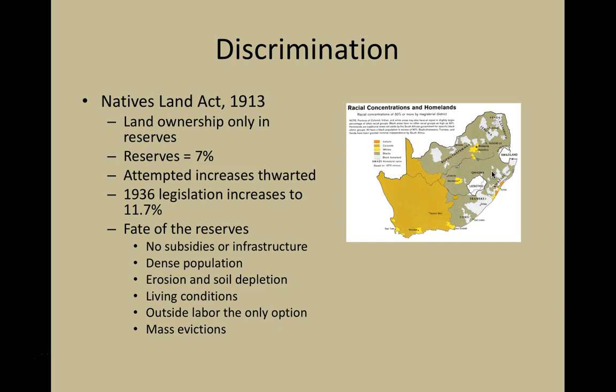In any case, there were a lot of mass evictions of Black people, in many cases from land, as I said, that they had been on for generations, and they were told that their place was in the reserve. In many cases, these people had never even been to the reserve, had no connection to it at all, and so the social dislocation caused by this was also severe, right?